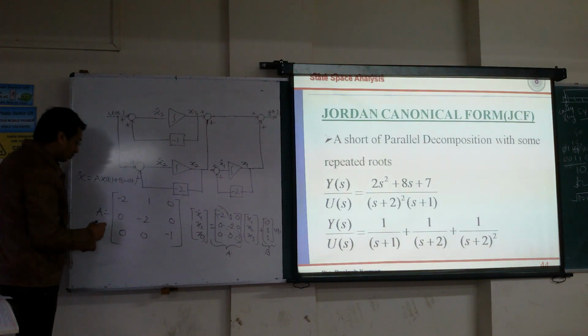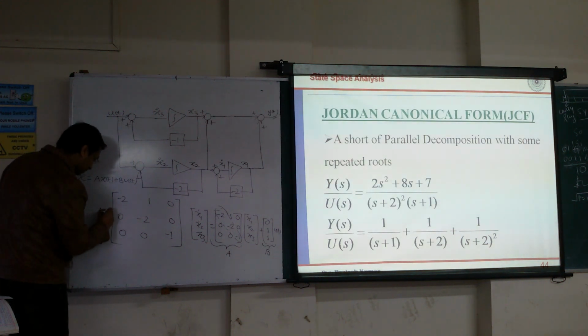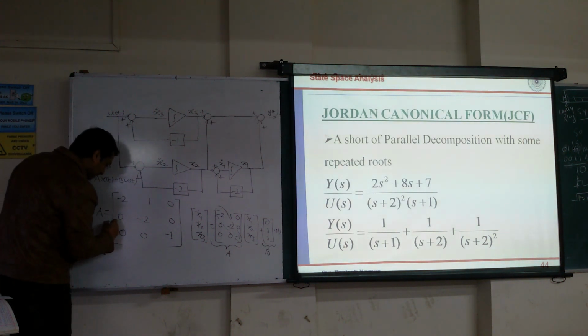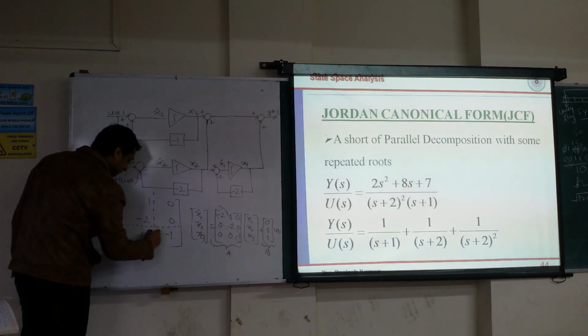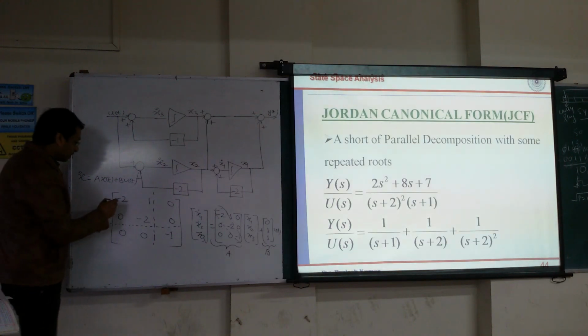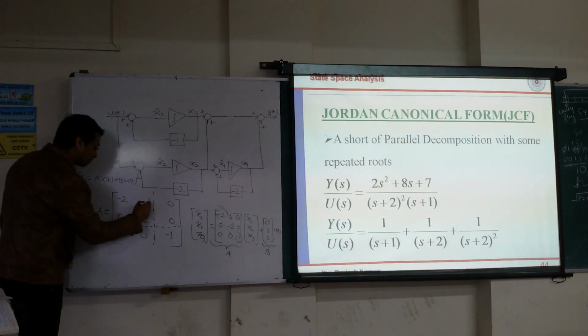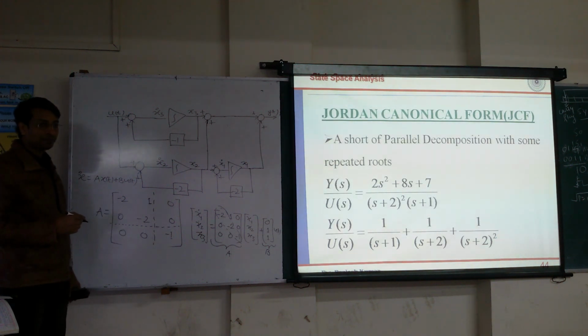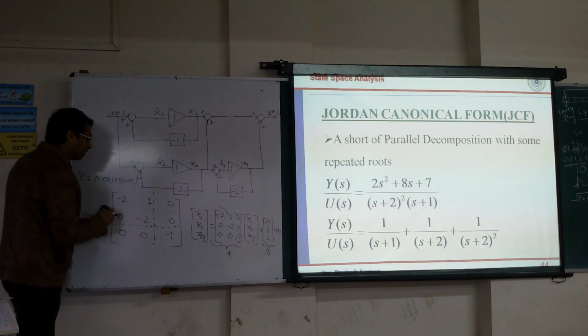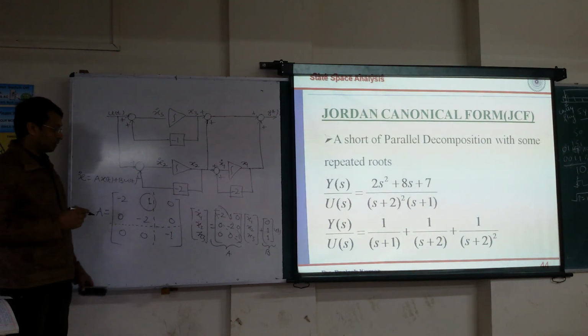If you partition this particular matrix, you divide it zone-wise. These are the zone for repeated roots. There is a 1 here and another root there. All other elements remain. Try to notice the position of this 1. Later on I am going to generalize.